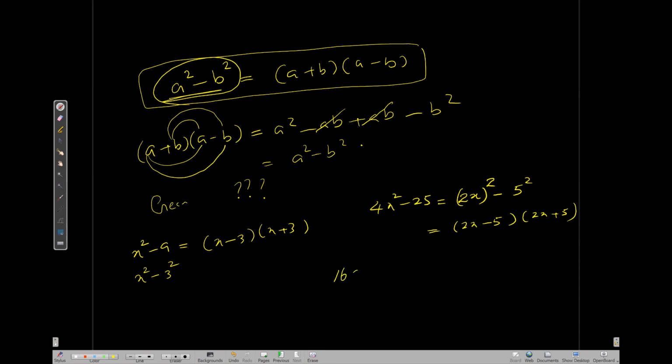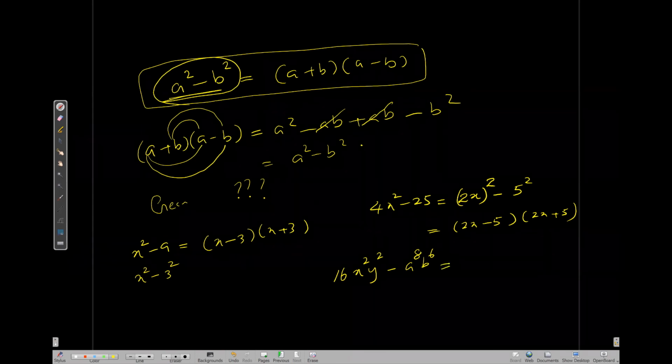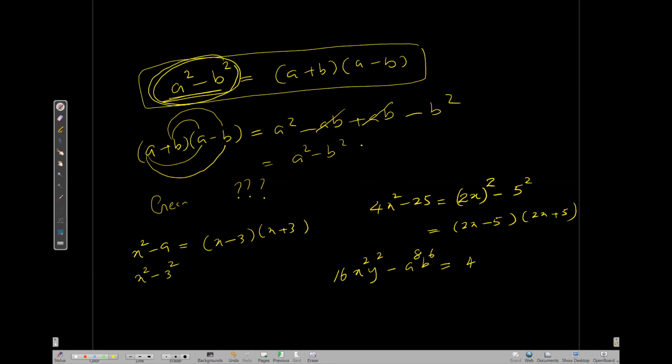How about this, 16x squared y squared minus a to the 8, b to the 6th. Can you do that? It seems a little bit complicated with so many variables, but it's not. So first write it as a squared minus b squared form. So one term squared minus another entity squared. So 4xy, everything squared. That's how you get 16x squared y squared, right? Minus, now think about it.